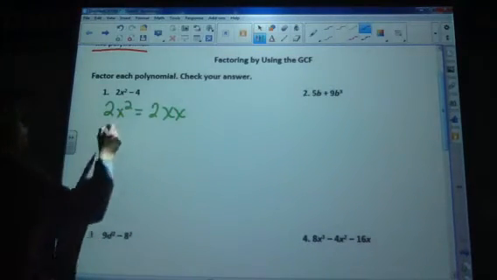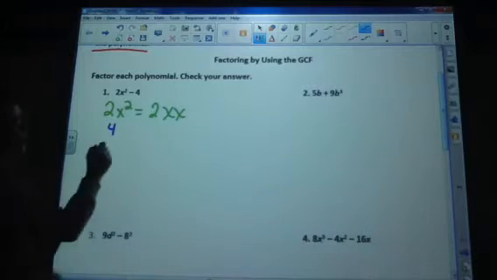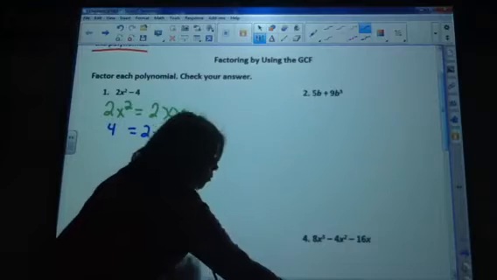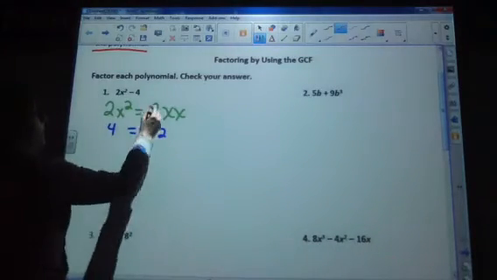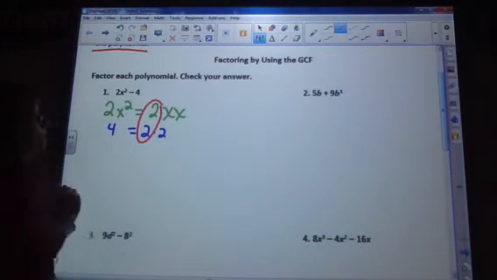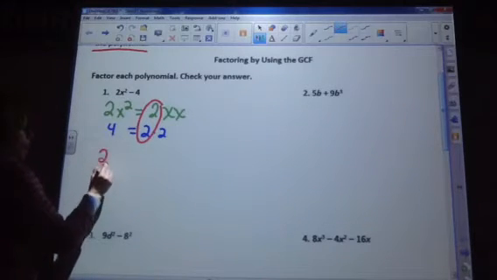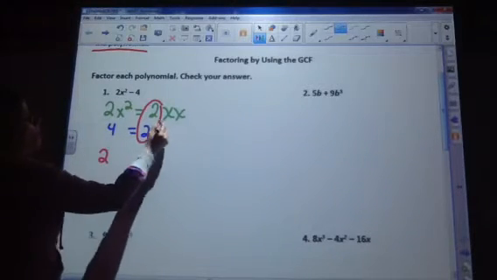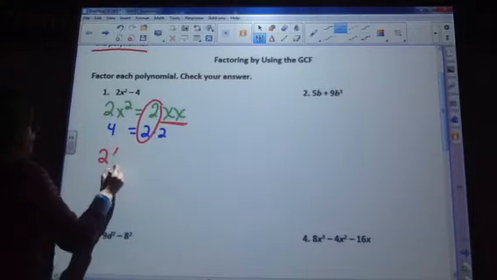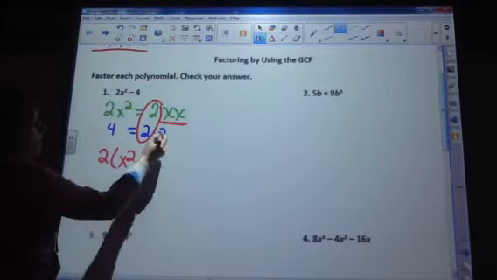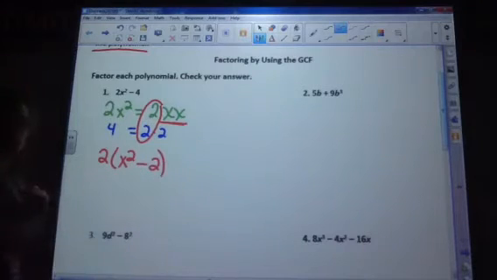Our second term is 4. When we factor 4 out, we get 2 and 2. Okay, what do they have in common? They have a 2 in common. So we're going to pull this 2 out, and when we pull the 2 out, what do we have left? We have x squared, and you're going to bring your subtraction sign down, minus 2.